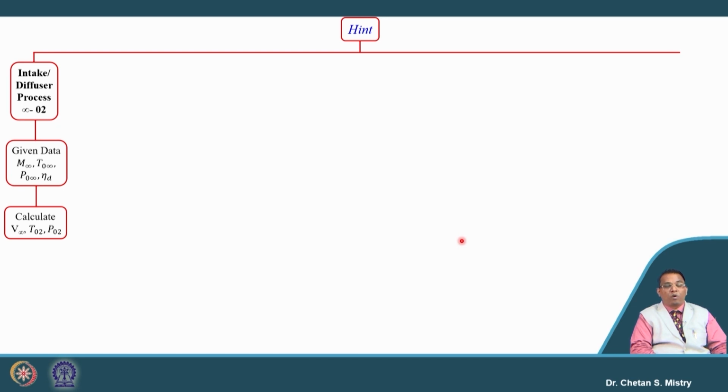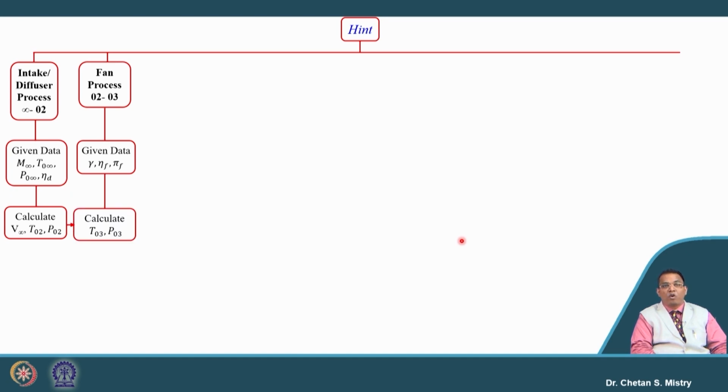So, we can calculate the flight velocity, and the exit temperature and pressure from the intake. Our next component is the fan. For the fan, the fan efficiency and pressure ratio are given. We can calculate the exit temperature and exit pressure from the fan.